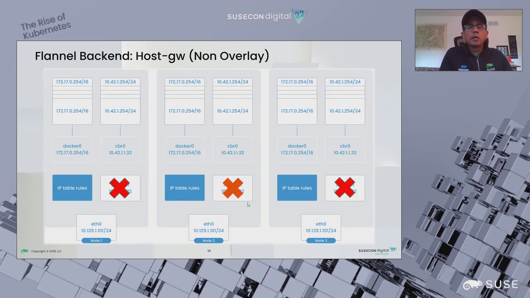Now, with Host Gateway, we mentioned it's not using any encapsulation, so there's no Flannel interface, and it's going through the host interface to do the traffic. So that might save some performance. Certainly, there are other considerations on what type of network you might be on, depending on private or secure.